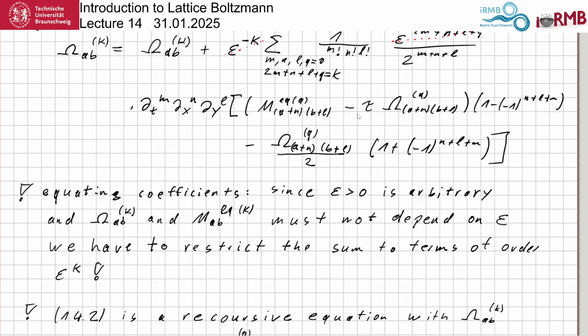Because we have here a very stringent concept of smallness. The thing that is small is epsilon, and everything else is not small. This is a common mistake to assume otherwise, because then you would have to expand tau. If tau is small, you have to expand it. Now here we assume that this is a constant.